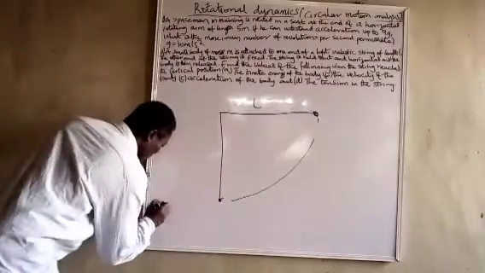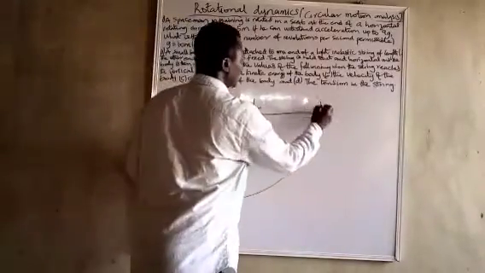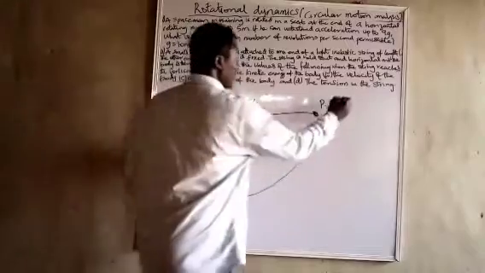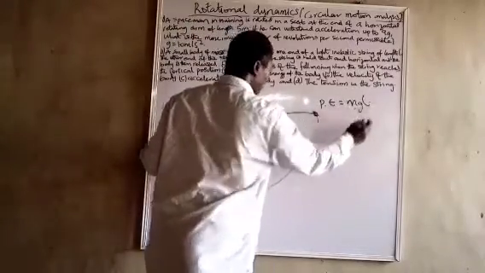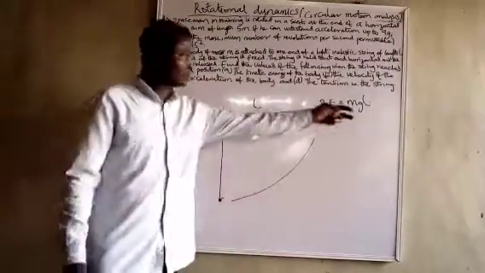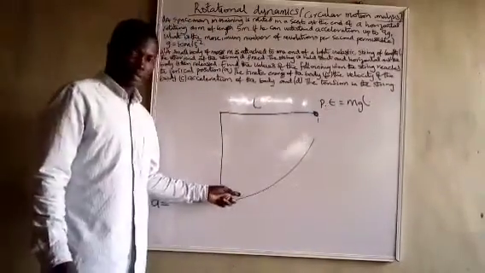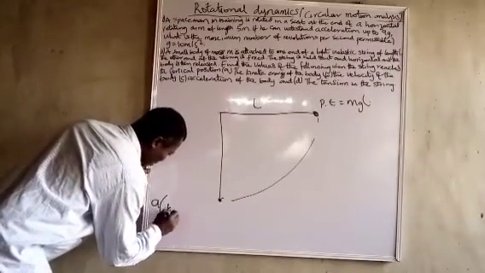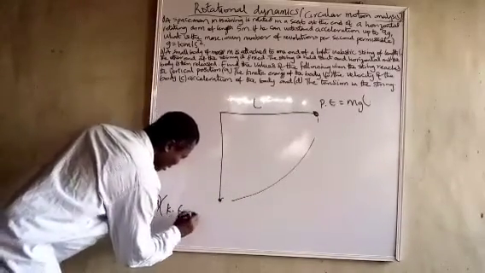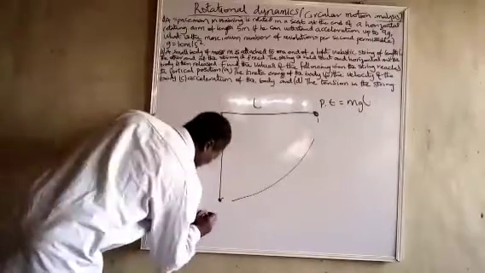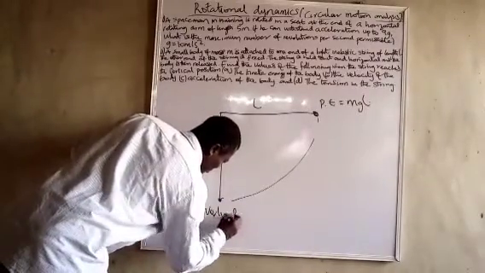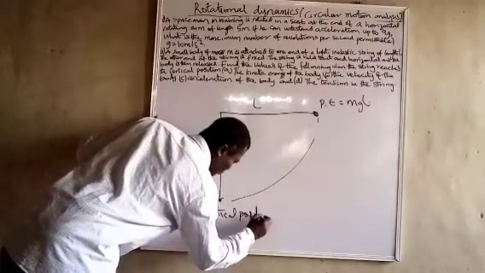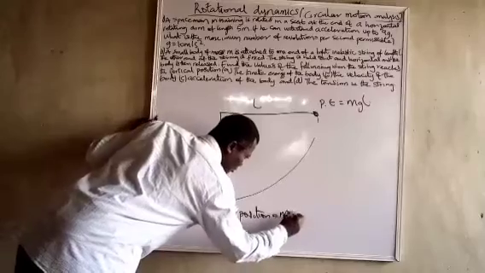The potential energy at this point relative to this tree will be mgL. So when it gets here, all the potential energy will be converted to the kinetic energy here. So KE, kinetic energy at vertical position, will be equal to mgL.